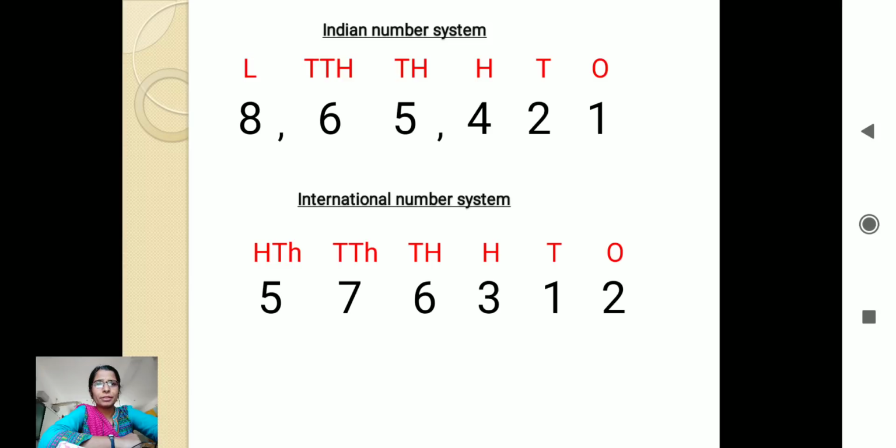So where in the Indian system it is the lakh period, in the international system I would put only one comma, that is after the 100, where the ones period is over. When the ones period is over, I have put the comma there and made two periods to be read separately. Like in the Indian system, I would read the above number as 8,65,421.